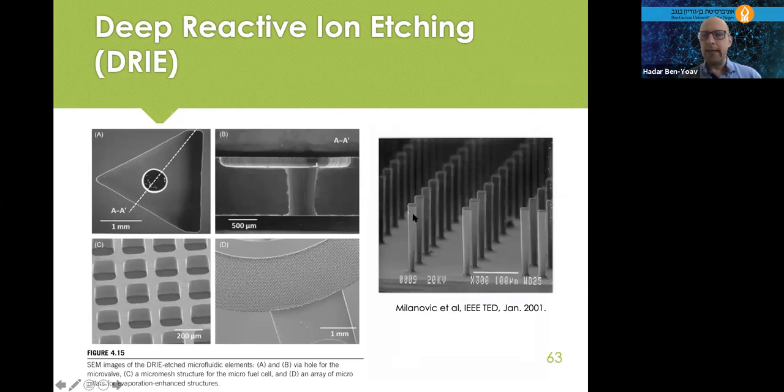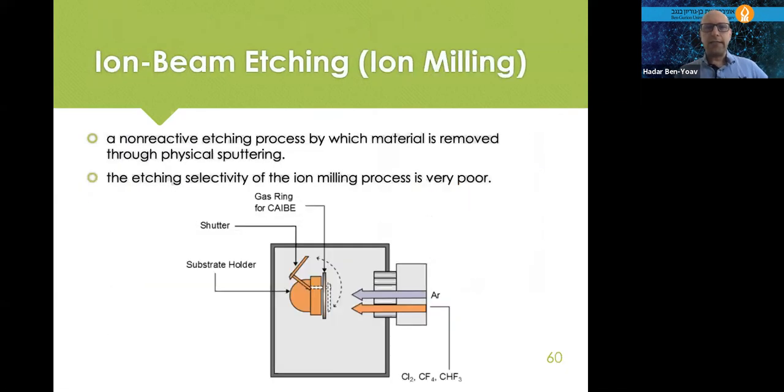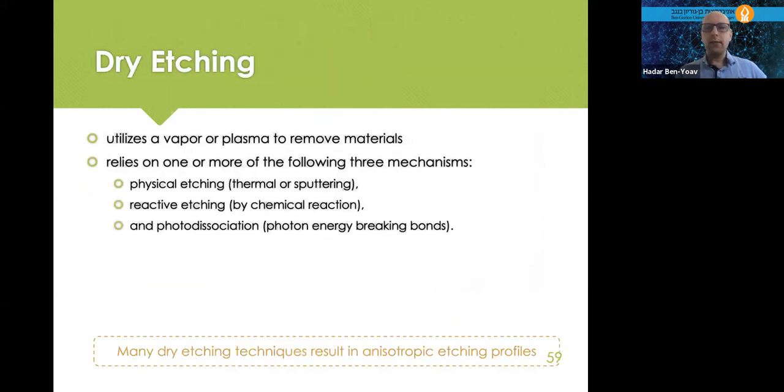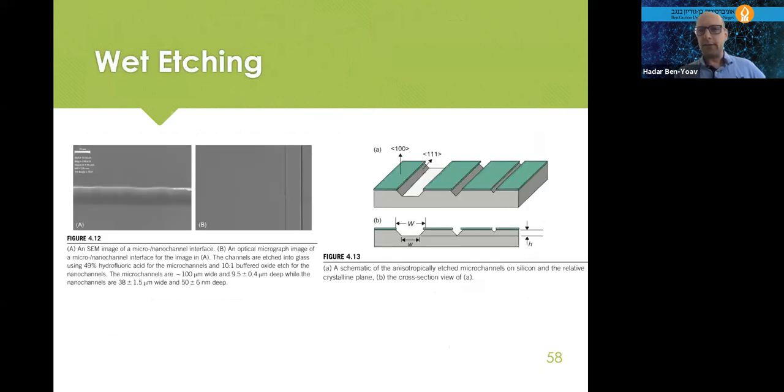You can make very nicely aligned, thick structures with the deep reactive ion etching, and very nice, very smooth surfaces. Okay, any questions so far on deep reactive ion etching, ion milling, dry or wet etching? Any questions?